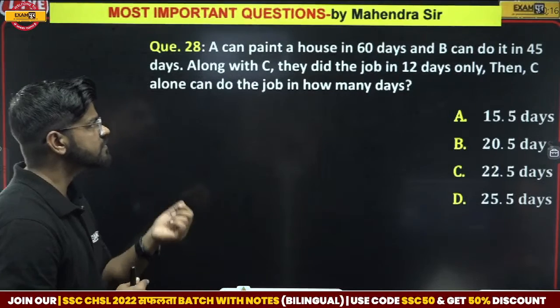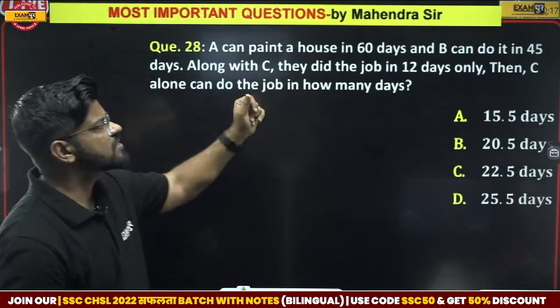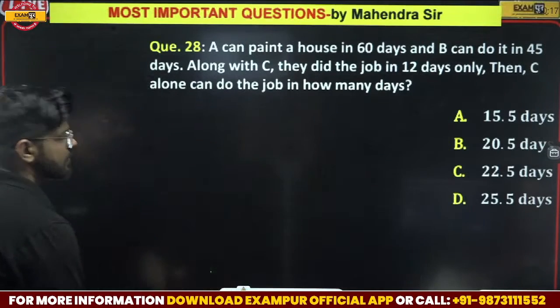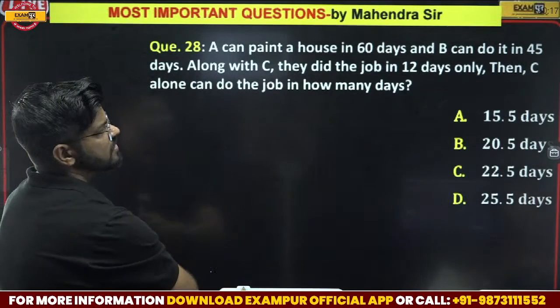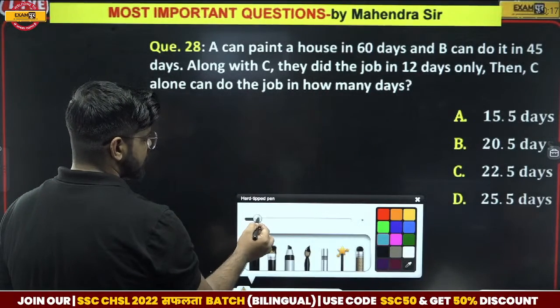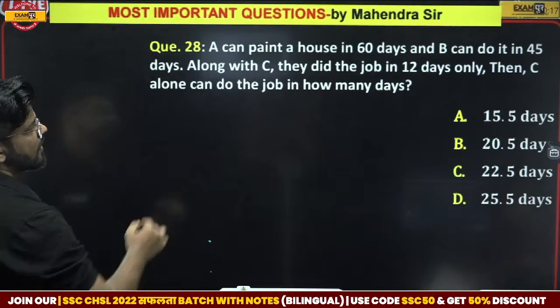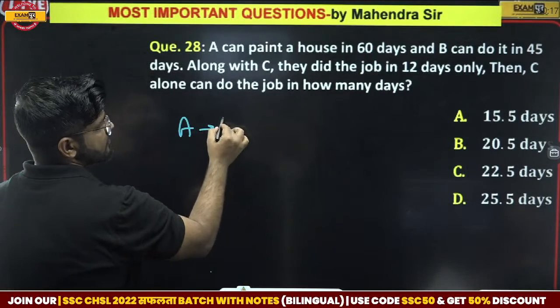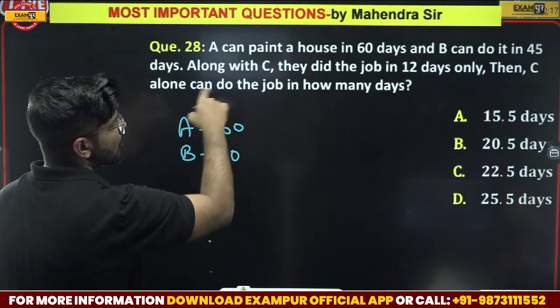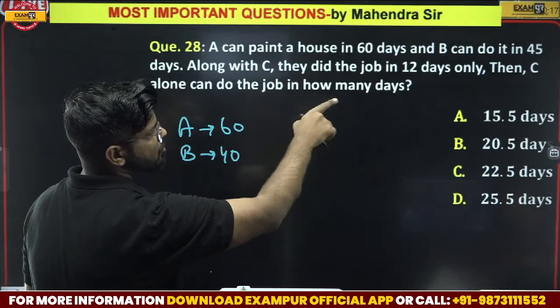A can paint a house in 60 days and B can do it in 45 days. Let's write 60 days, B in 40 days. Along with C, they can do the job in 12 days.